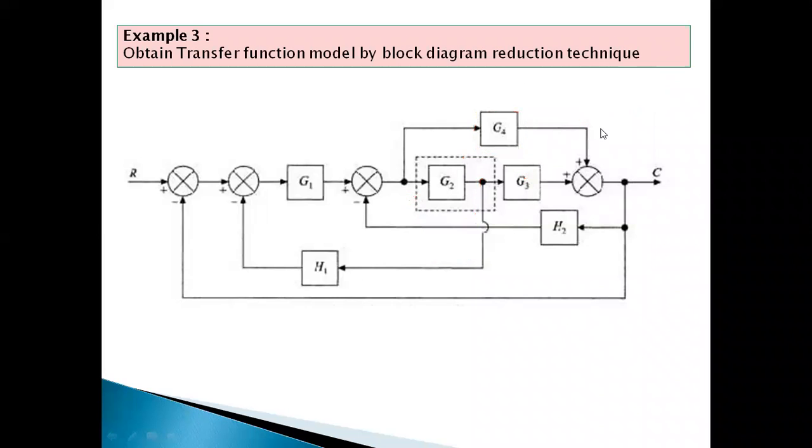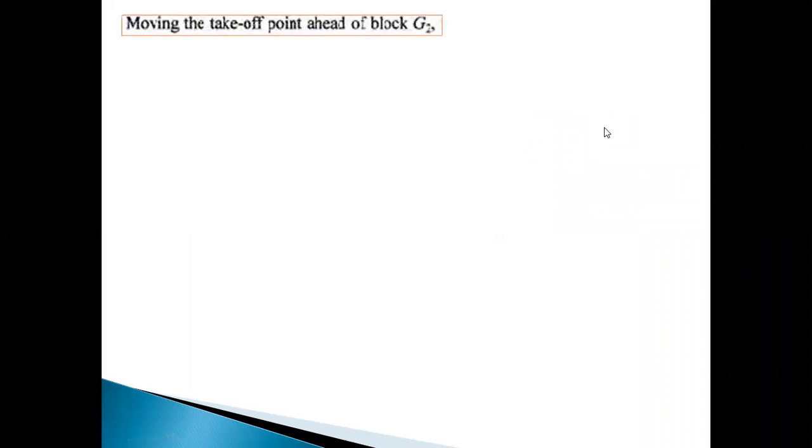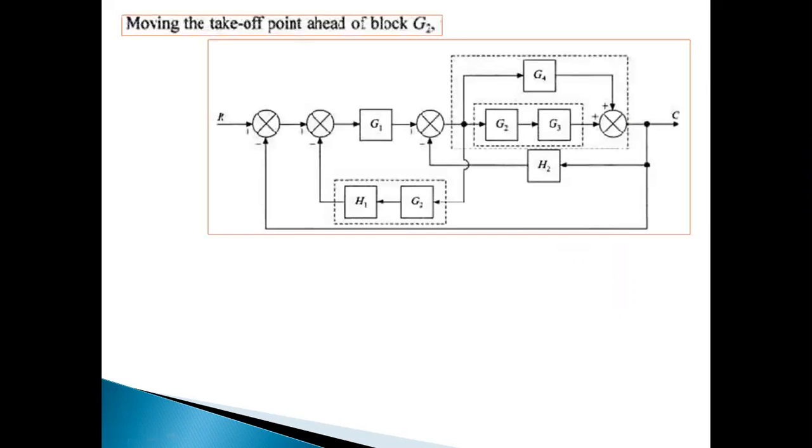Let us discuss that one. Moving a takeoff point ahead of the block G2. In this, I have moved in this direction, and a block G2 is added at the takeoff point. So I have moved from this point to this point. Now these two are connected in cascade, and this forward path can be eliminated.